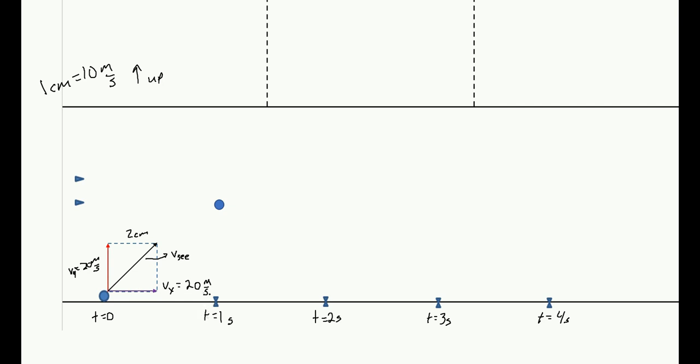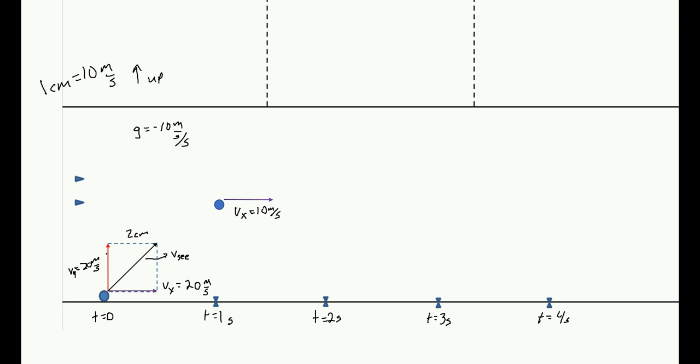Horizontally, the velocity should be constant, so it's going to stay at 20 meters per second. And then vertically we need to remember that the acceleration vertically is the acceleration due to gravity, or a negative 10 meters per second per second.